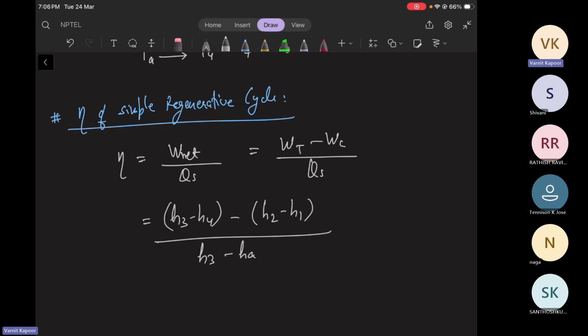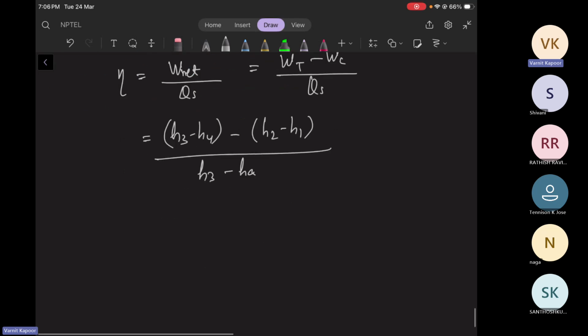But if I want to go in terms of an ideal regenerative cycle, where my heat interaction is a function directly of temperatures or enthalpies, the heading will be efficiency of ideal regenerator.